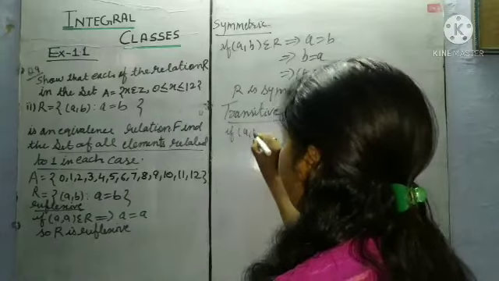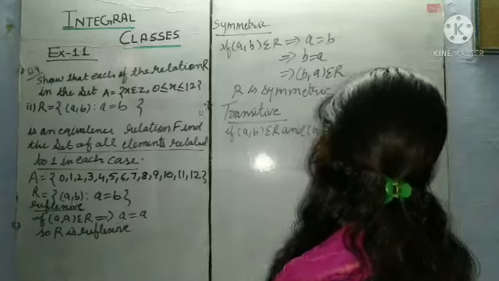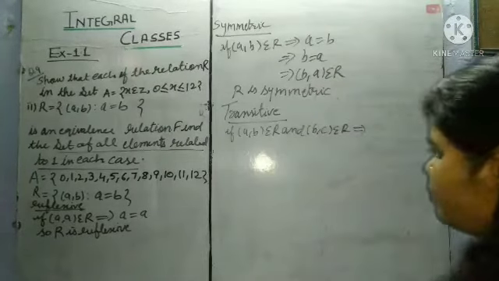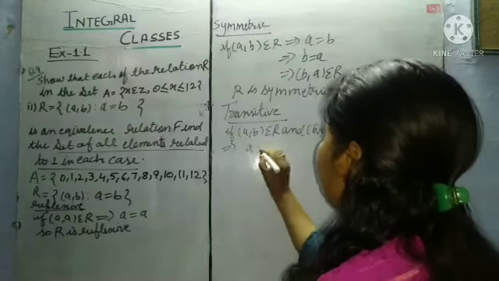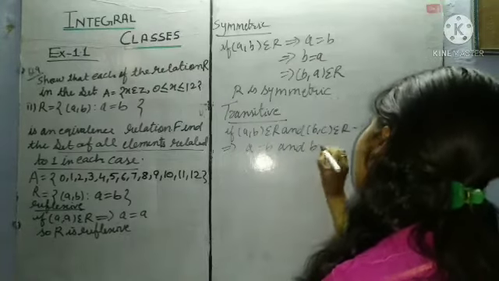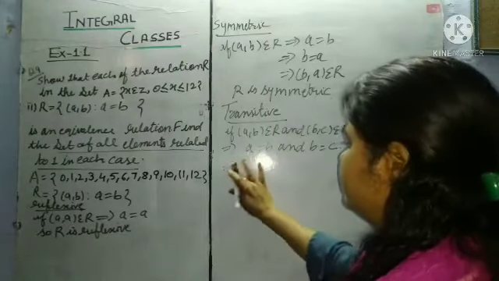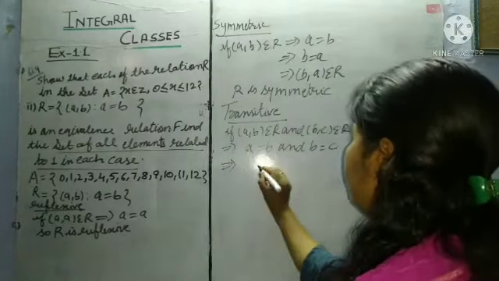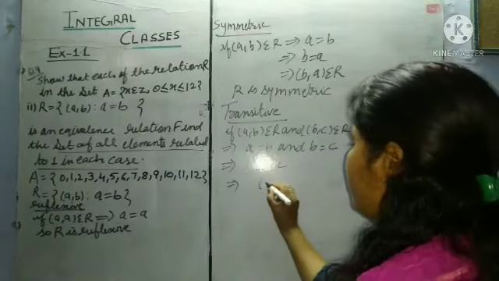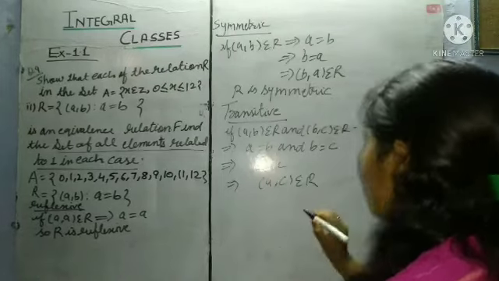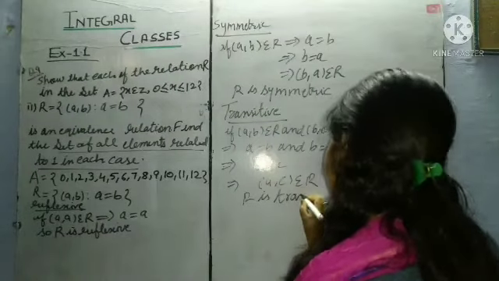If (A, B) belongs to R and (B, C) belongs to R, so it implies here A equals B and B equals C. Now for these both we can write here A equals C. So now it implies that A equals C, so (A, C) belongs to R. So R is transitive.